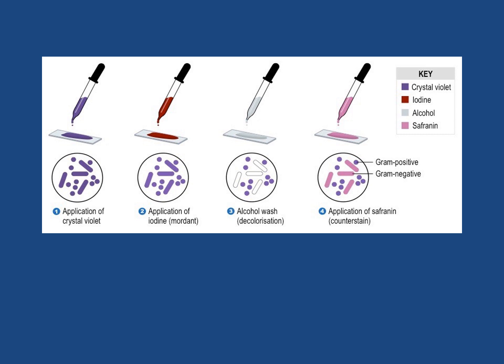And then your final step is when you add the saffron red, and now you notice that your gram positives are still purple, but the gram-negative bacteria, which in this particular schematic drawing are shown as the rods or bacillus-shaped organisms, they pick up that secondary stain of saffron red, so they're going to look pink.